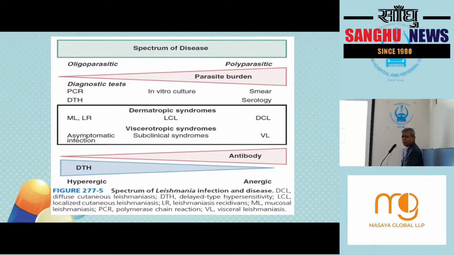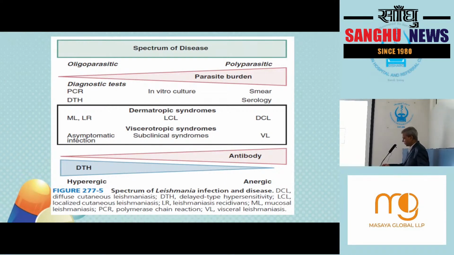First, I will talk a little bit about the immunological aspect. You know leprosy is caused by Mycobacterium leprae, but everything is displayed according to the immunological status of the host. A similar pattern can be seen in leishmaniasis. It is a spectral disease.